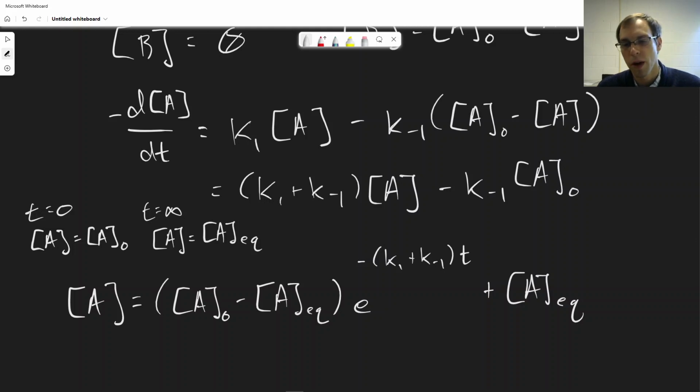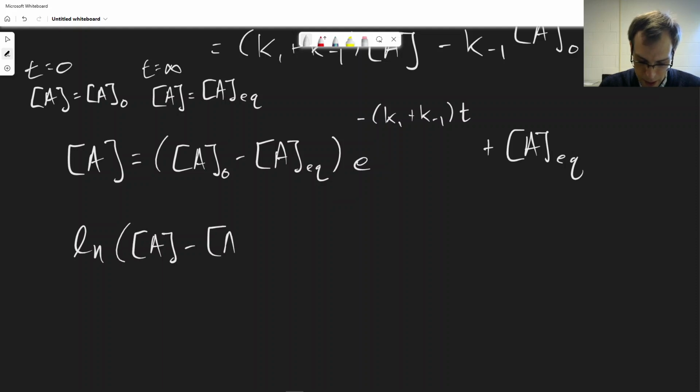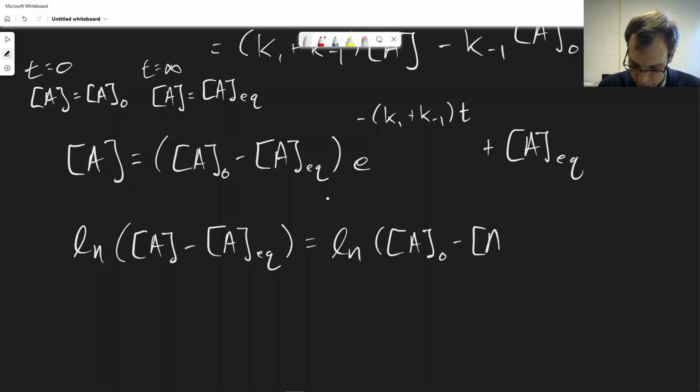Now, one other thing we can do with this is if we rearrange this and take the natural log, we can get a slightly different version of this equation where we have the natural log of A minus A at equilibrium is equal to the natural log of, sorry about that, that should be parentheses, A naught minus A at equilibrium, minus k1 plus k minus 1 times time.